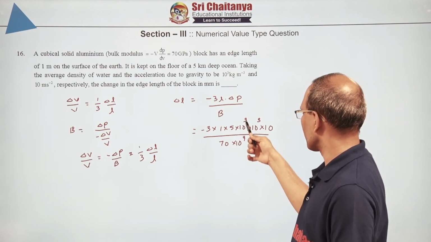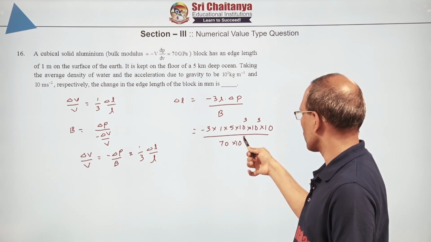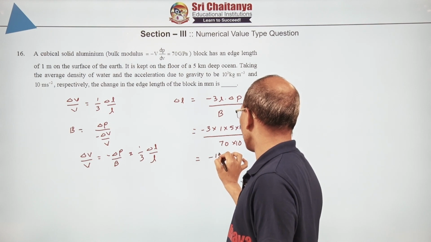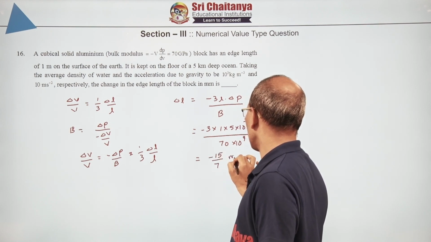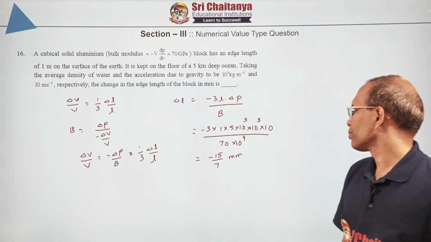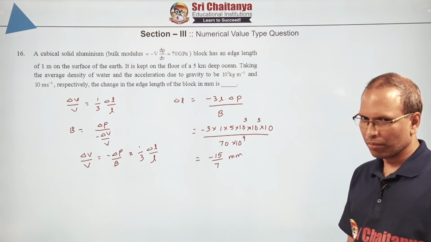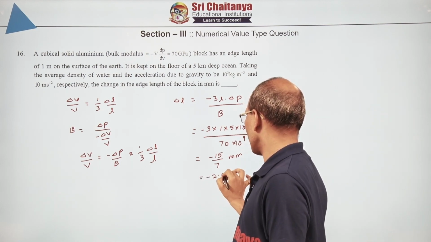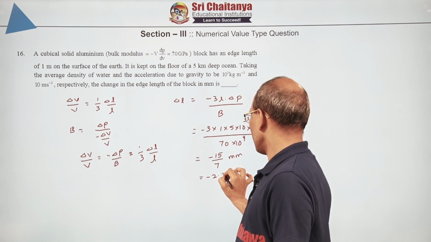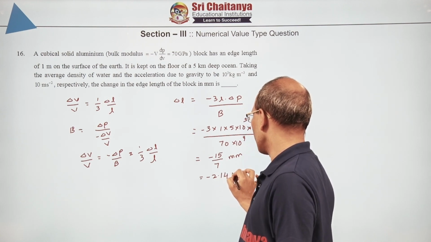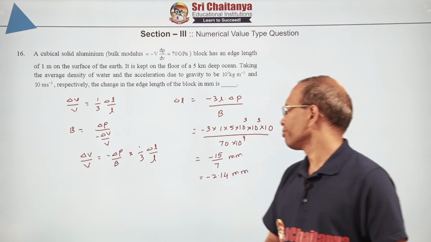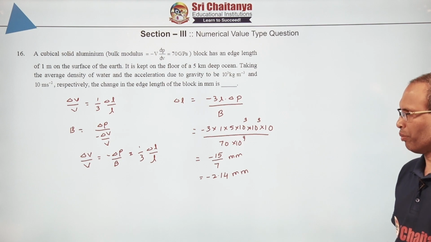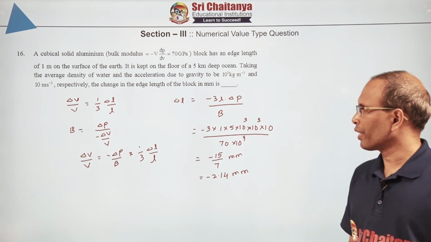So when you simplify, this is 10 power 6 gone, this is 10 gone, so 10 power 3, which you are getting as minus 15 by 7 millimeters. Minus 15 by 7 millimeters. So which will be minus 2.14 millimeters. This is change in length. Very simple calculation here and very simple problem. Alright, we'll go to the next one.